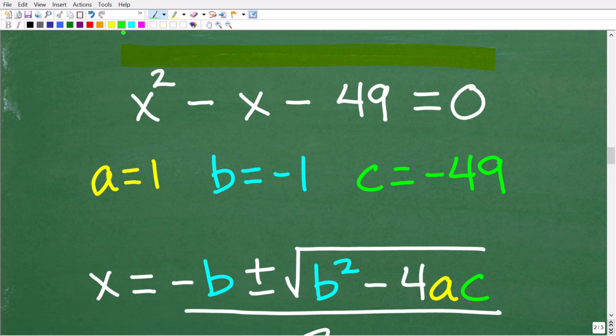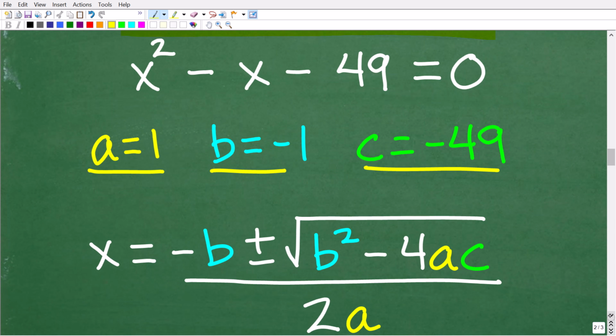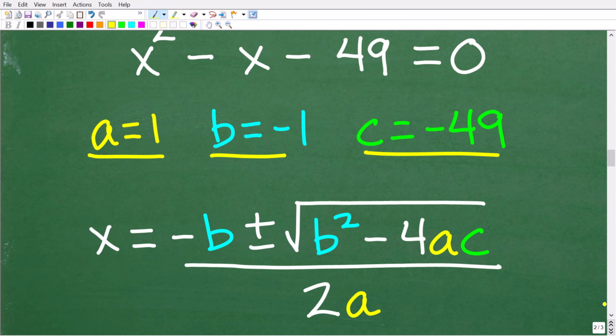Now the coefficients here, the numbers in front of each of these terms, are going to give us our a, b, and c values. So let me just show you the quadratic formula right here. So x is equal to minus b plus or minus the square root of b squared minus 4ac all over 2a. So we're talking about first year algebra stuff.